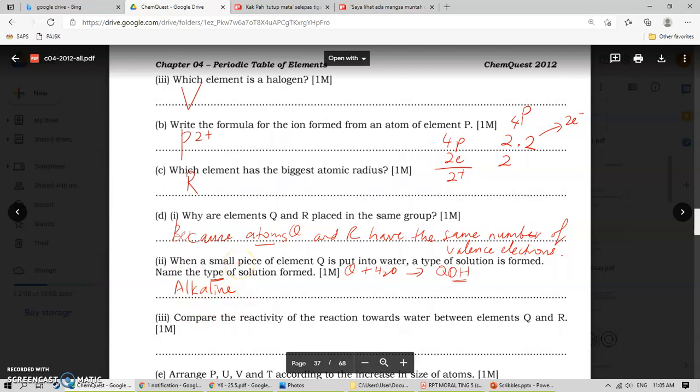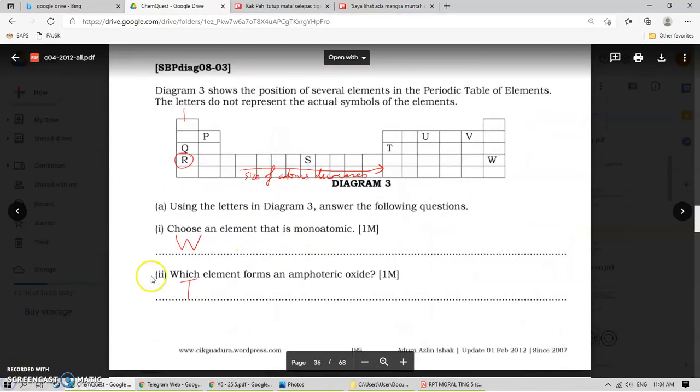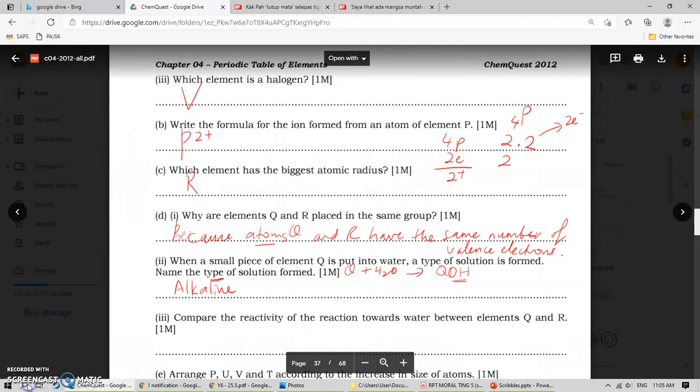Next question. Compare the reactivity of the reaction towards water between elements Q and R. Let's look at Q and R. As we go down group 1, reactivity increases. So Q and R both can react with water, but the reactivity of R would be more than Q. Later we will explain why.